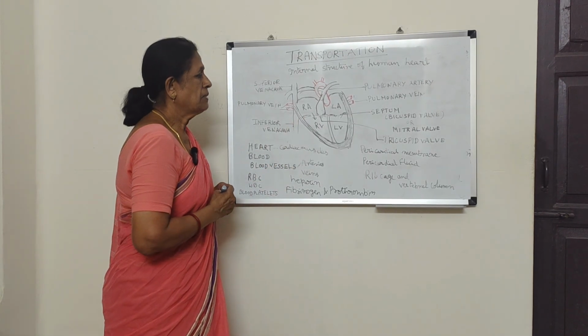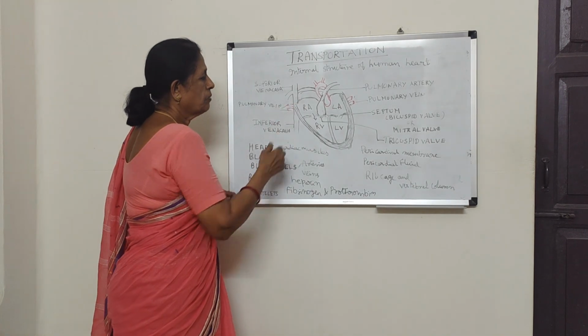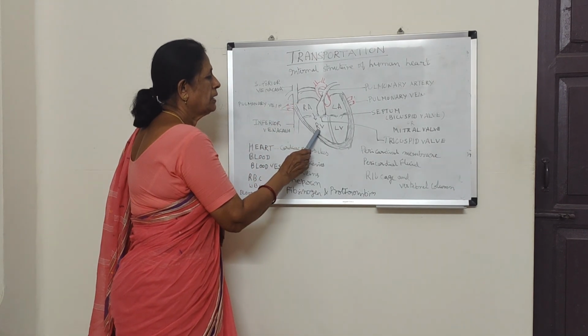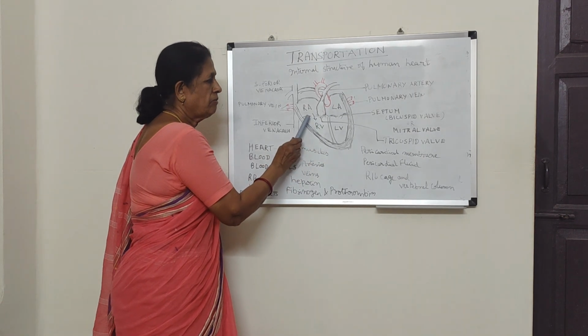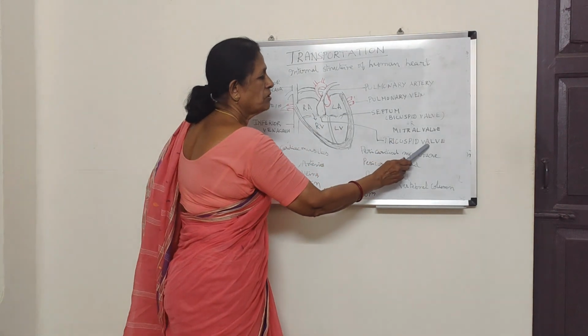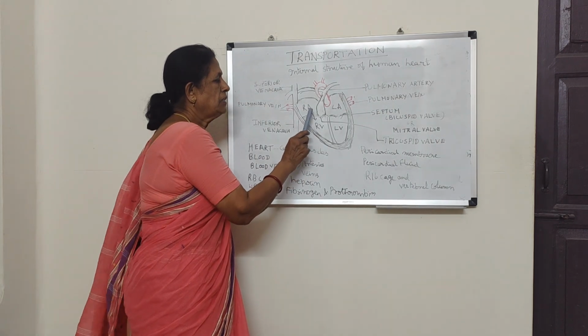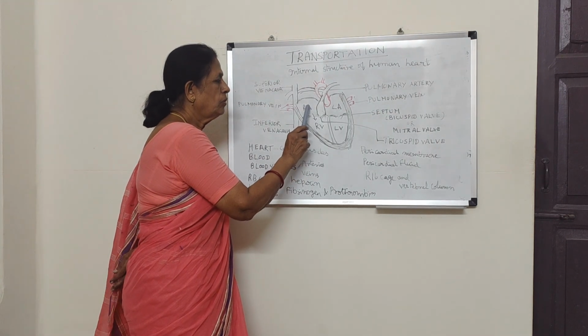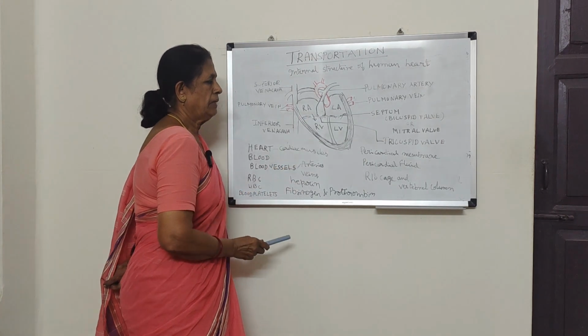Valves are door-like structures. When the blood flows from the right atrium to the right ventricle, after the flow, they will close. This valve is called the tricuspid valve, which allows the blood to flow only from the right atrium to the right ventricle.